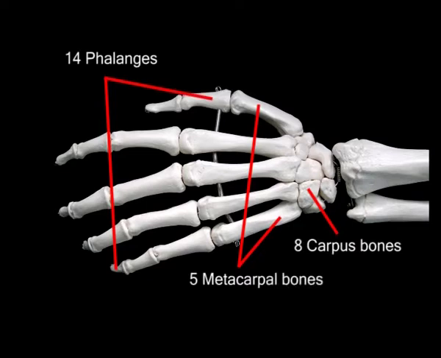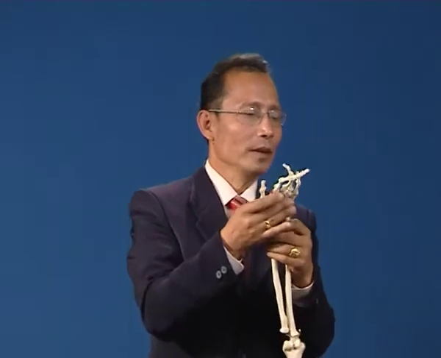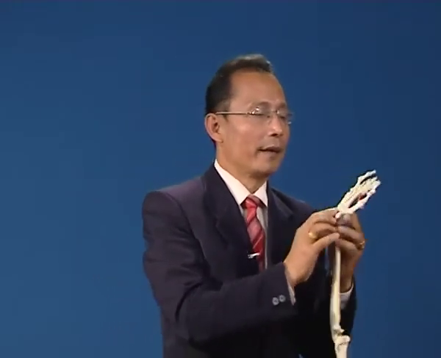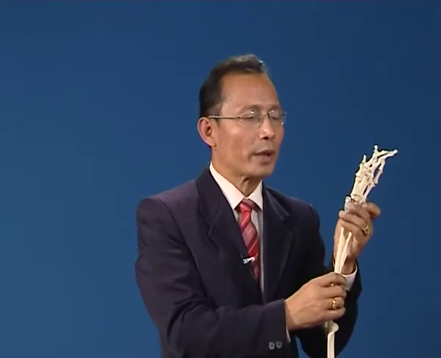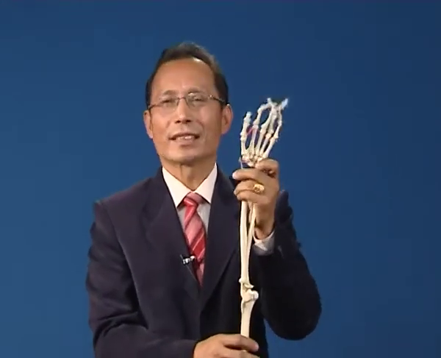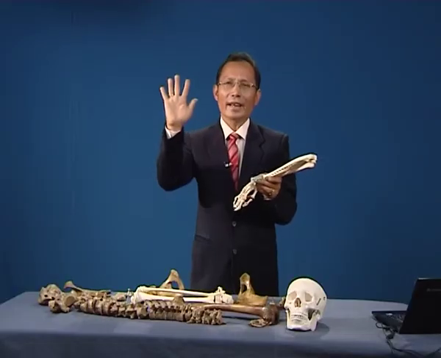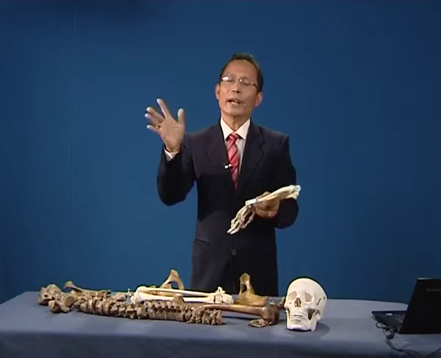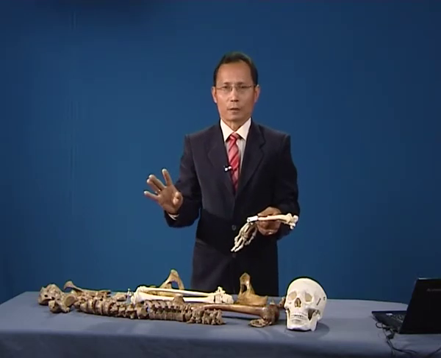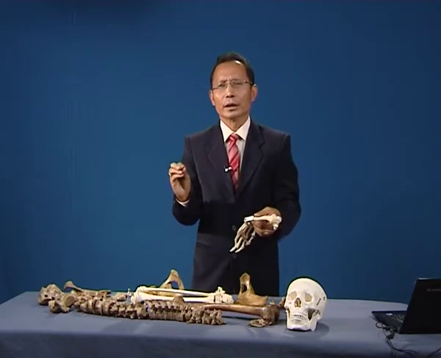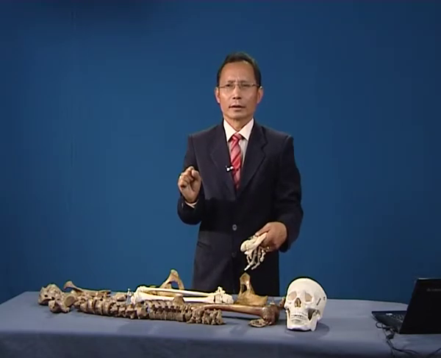So altogether 14 phalanges, 5 metacarpals, then 8 carpus, all together 27 bones in one hand. So we have 2 hands. That means 27 into 2 comes to 54. So 54 bones in 2 hands.